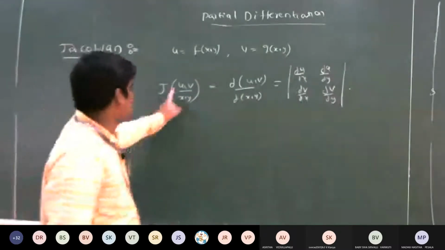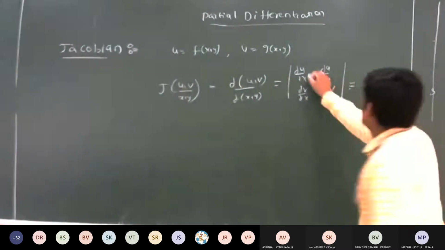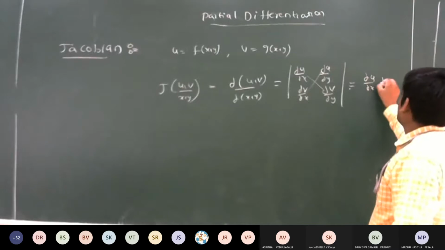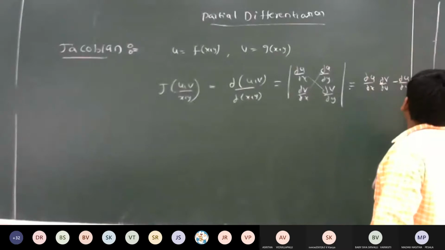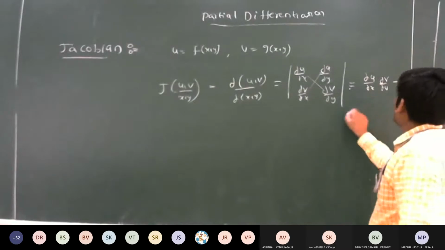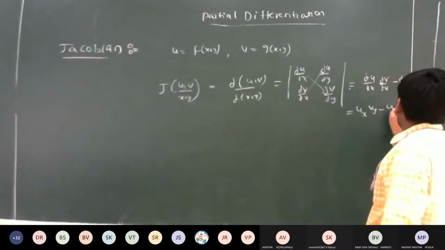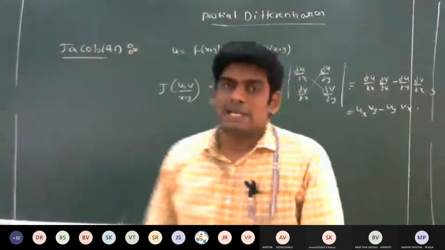Simply, it is the Jacobian of u comma v. It is ad minus bc, that is dou u by dou x into dou v by dou y minus dou u by dou y into dou v by dou x. Shortly it can also be written as ux into vy minus uy into vx. This is called the Jacobian.